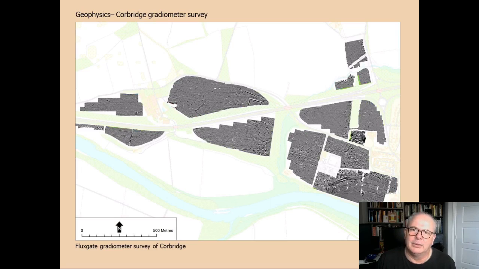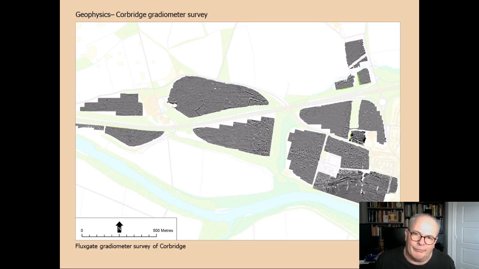Within this data, we can identify all the roads which are here, but we can also see that around here and around here we have the remains of all the buildings and plots of land that are on either side of the road coming out from the western side of Corbridge town, and then to the north again we've got a whole series of plots of land along the edge of the road. The big earthworks we can see down here all around the Roman town.